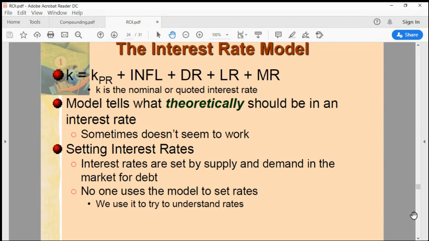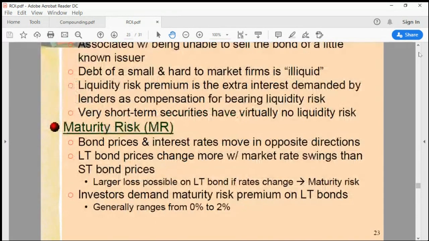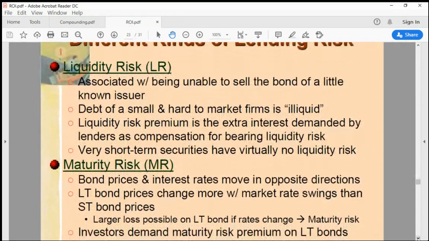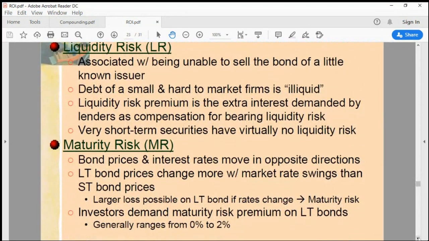Now, I said these are specifically the risks that are involved with lending. In other words, with bonds. Actually, the reason I said that is because in the case of stocks, the risks would be slightly different.